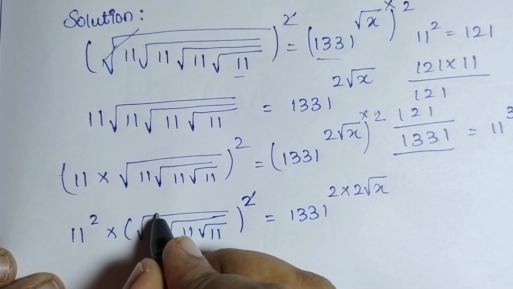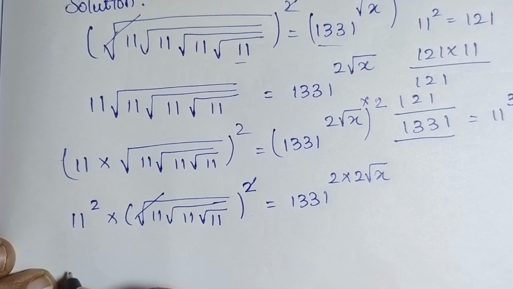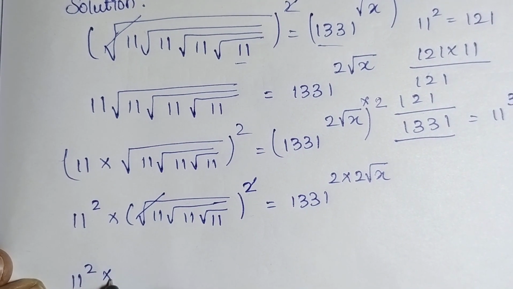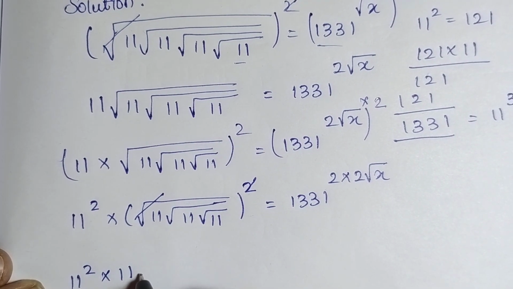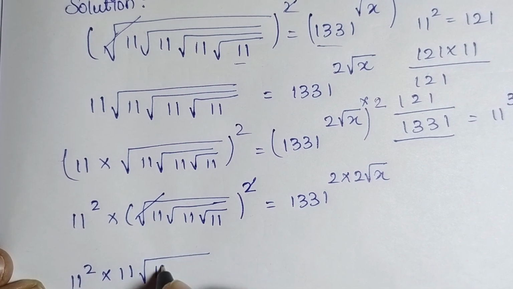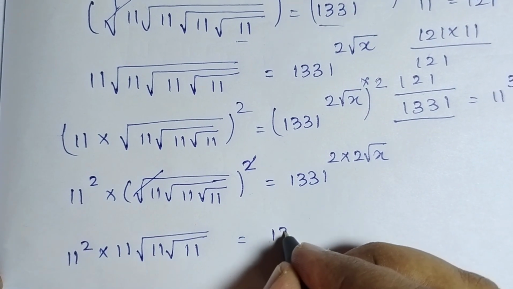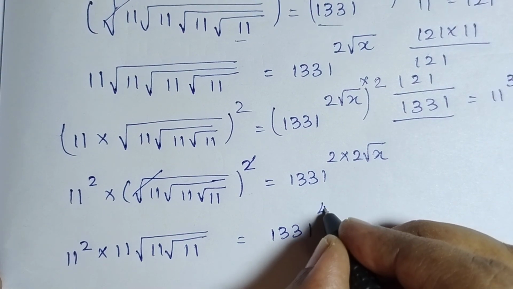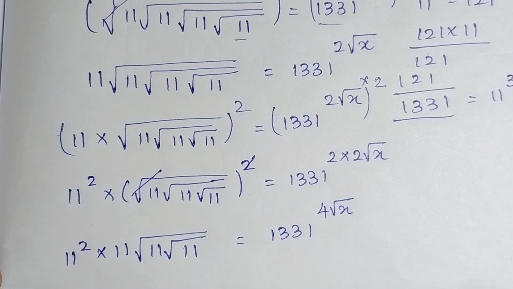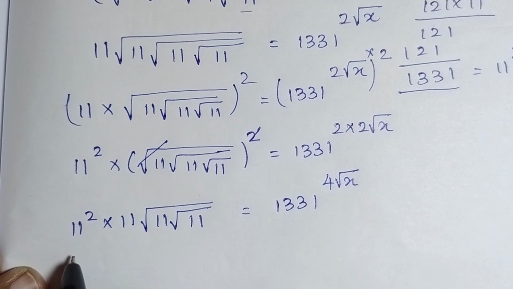Therefore this square and this root get cancelled, and I will get 11 square into 11 root 11 root 11, which is equal to 1331 to the power of 4 root x.